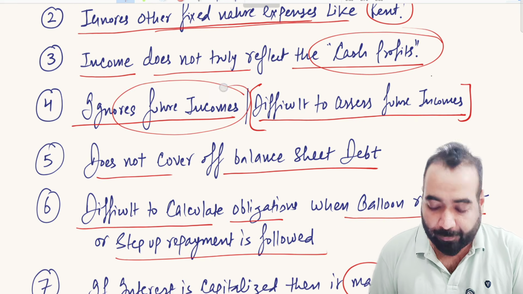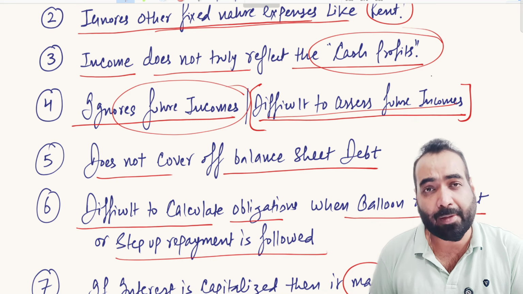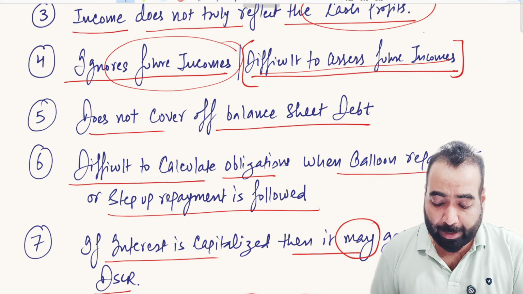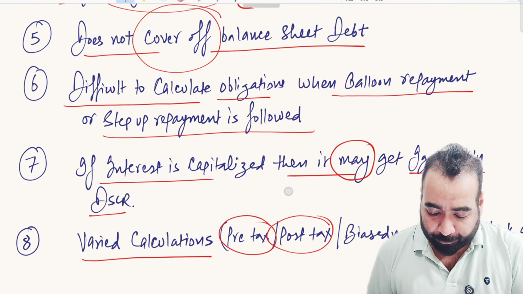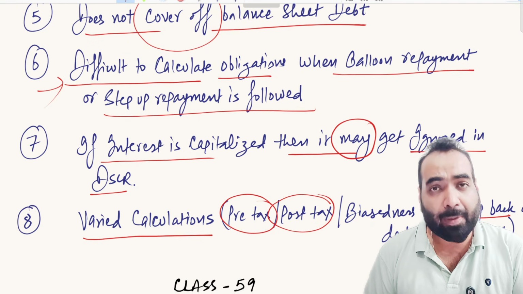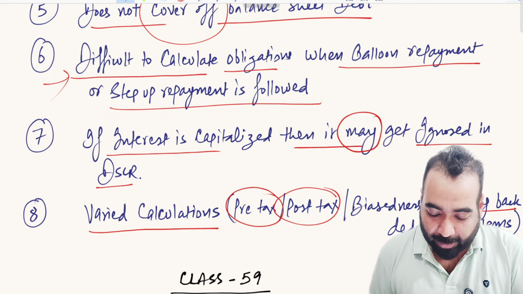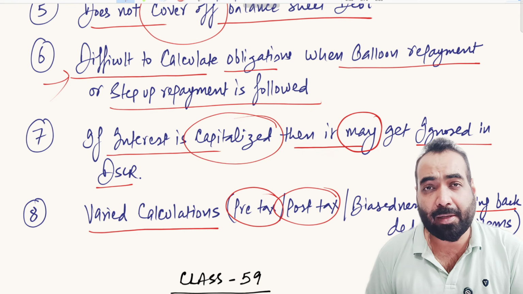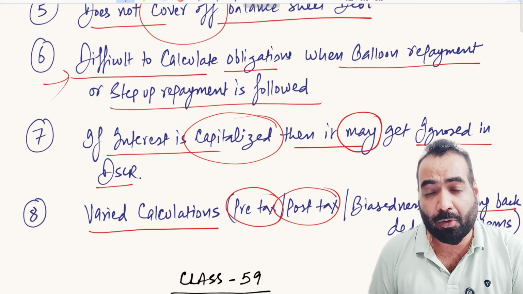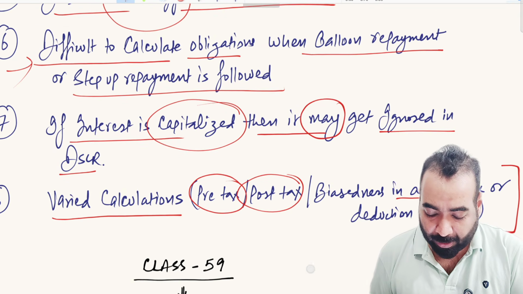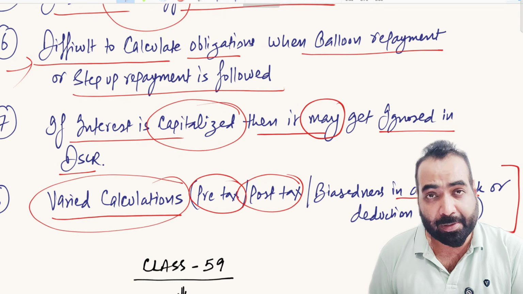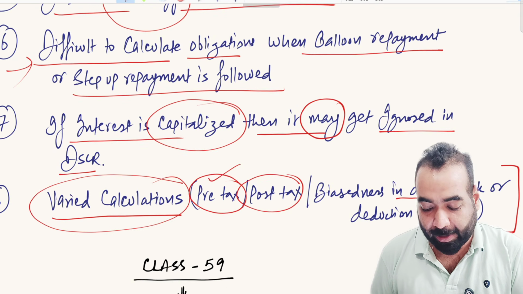It also ignores the future income, and it is difficult to assess the future income as well. It does not cover the off-balance sheet debt. This point is not applicable for ISCR. If the interest is capitalized, then this ratio can be wrongly calculated if you ignore the capitalized interest amount. Then there can be varied calculations here as well. Someone takes pre-tax, someone takes post-tax.